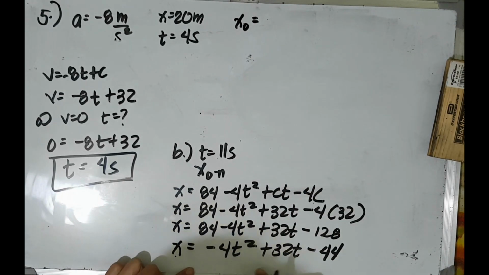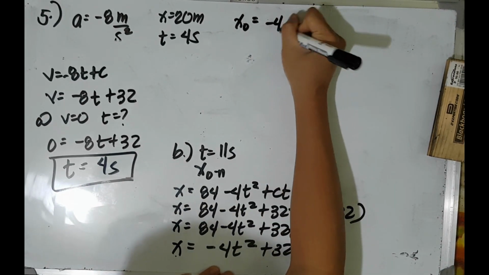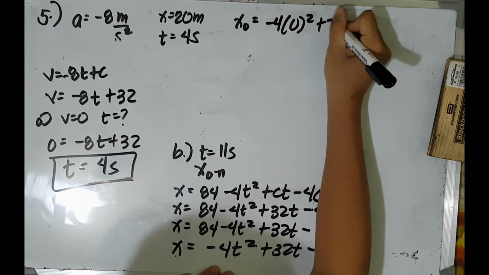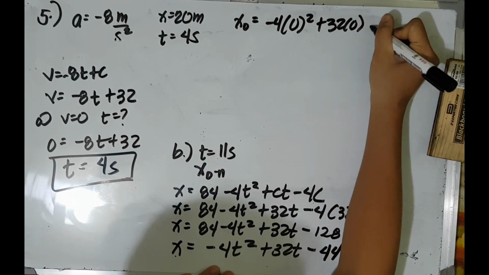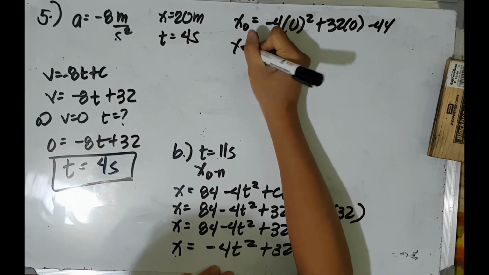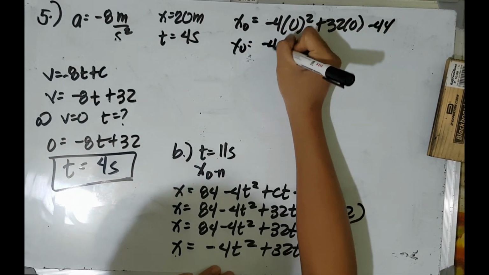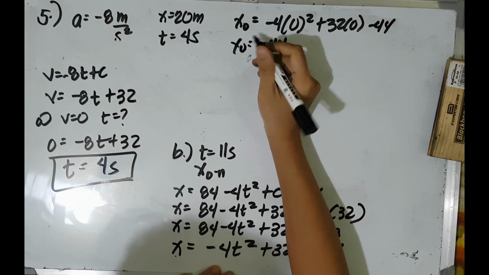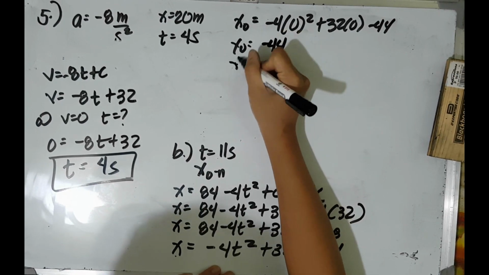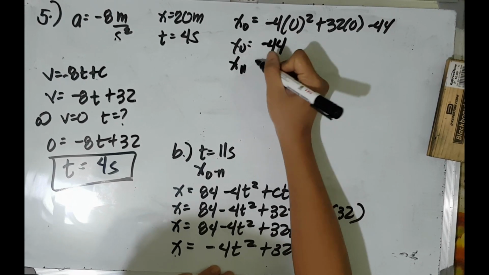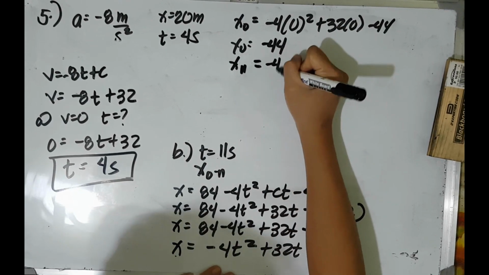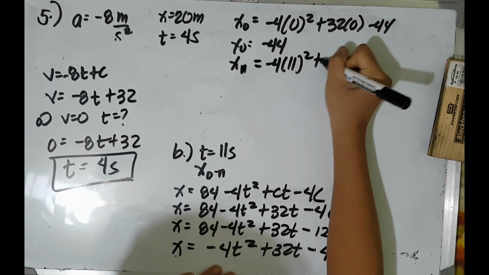And then, at time is equal to 0 seconds, x would be equal to negative 44, or 44 going to the negative direction, 44 meters.